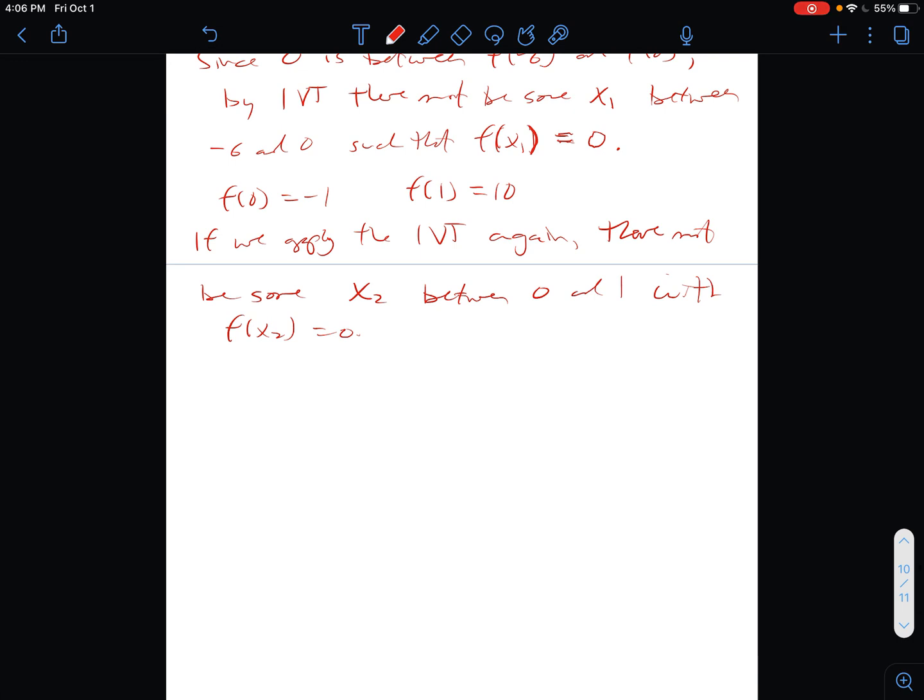Right, just in terms of a little picture. This picture is not part of your argument, but it helps you understand. When x is negative 6, we were down here. We had a positive value. When x was 0, we had a negative value. When x was 1, we had a positive value. So the idea is this continuous function, it crossed the x-axis once over here and then once again over here.